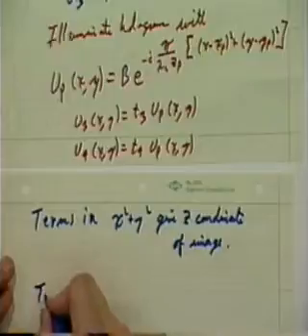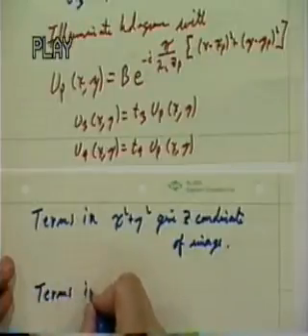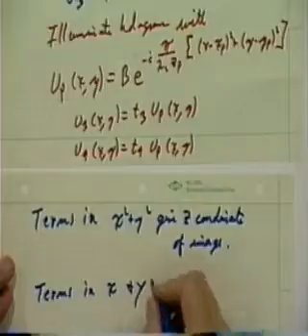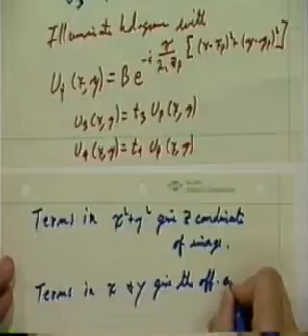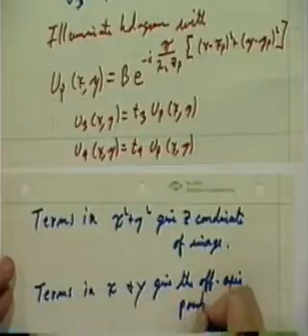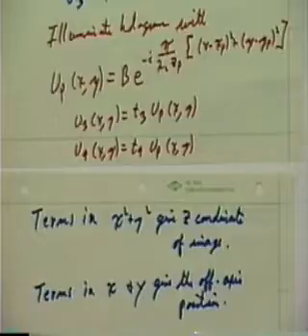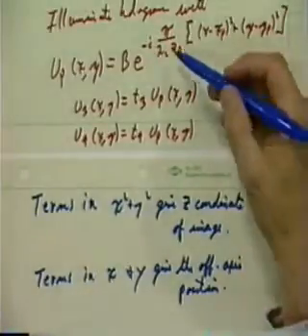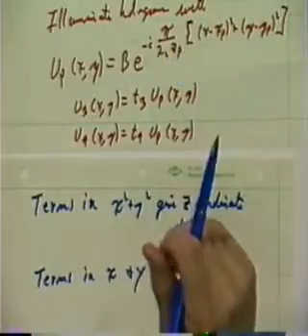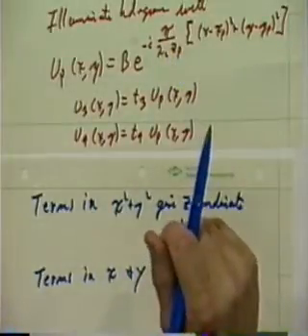And the terms in x and y give the off-axis position. Okay? Everyone with me? I'm leaving open the possibility here that the wavelength can be different. Any other questions?